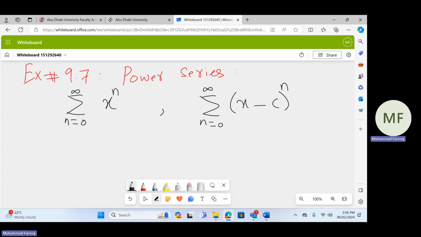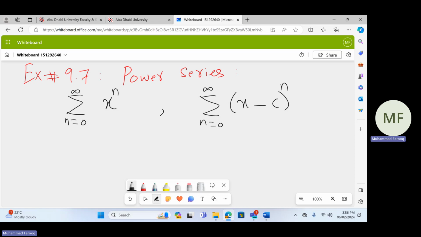But my question is, how do you know that you have a power series in your question? Before 9.7, we did not say any power series, we said it's a series. We have geometric series, p-series, alternating series, different series. But this time we say that it is a power series.